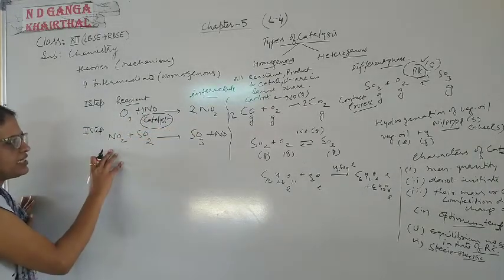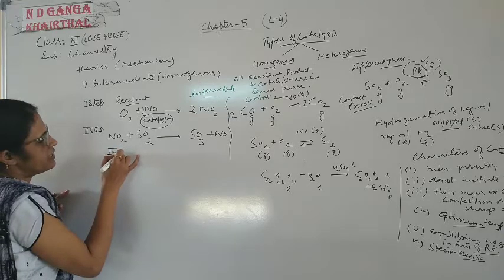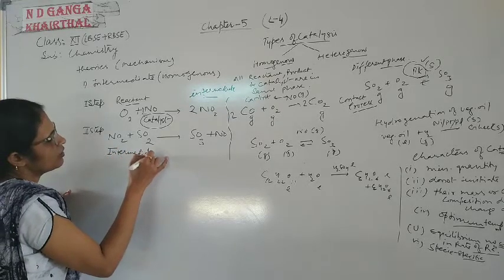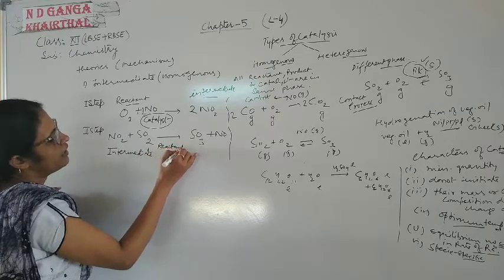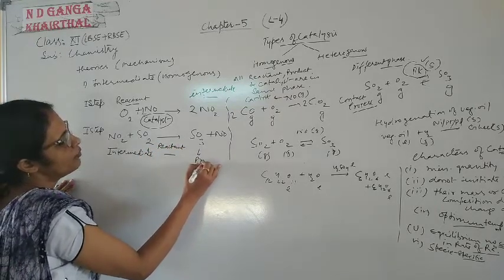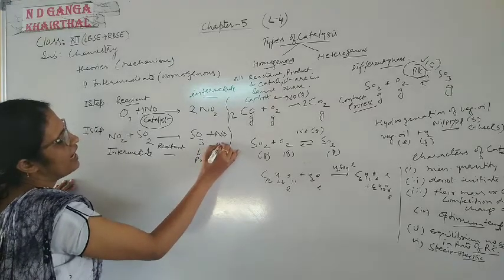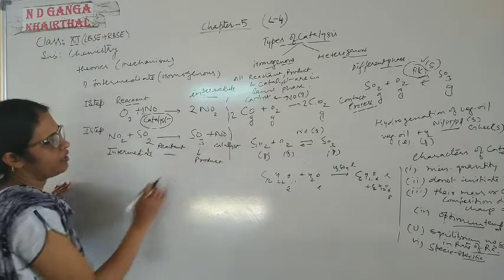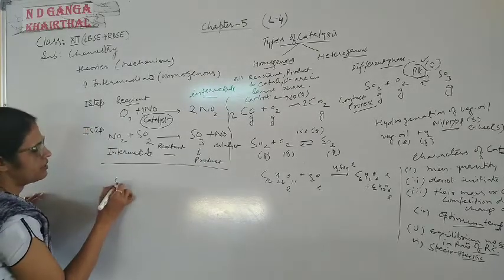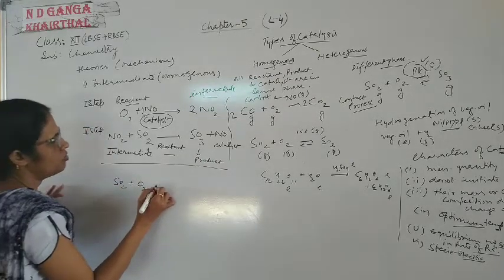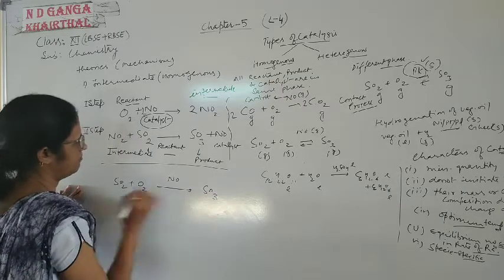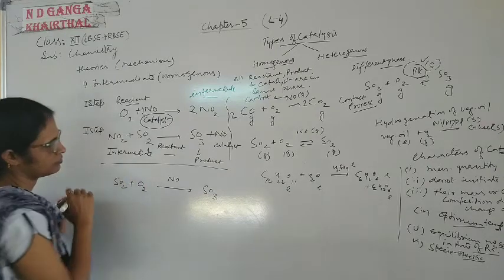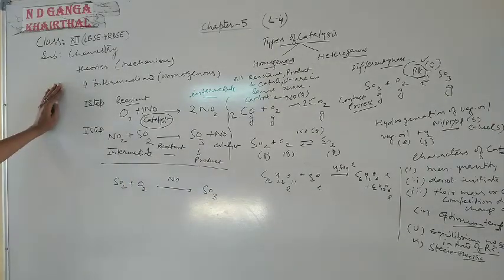And this intermediate reacts with another reactant and forms the product, and the catalyst separates out. So the whole reaction is like this: SO2 plus O2 gives SO3, with NO as the catalyst.